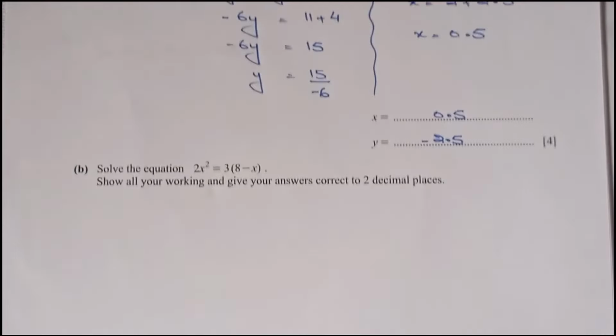Now let's substitute all the values into the formula and find the values for x correct to 2 decimal places. So x would be equal to -3 plus or minus the square root of 3 squared minus 4 times 2 times -24, and then dividing by 2 times a, that is 2 times 2.